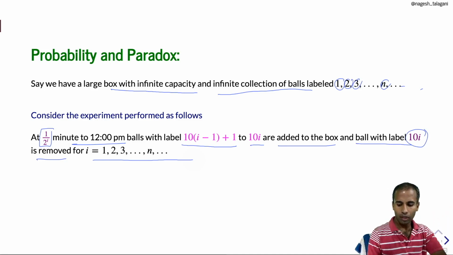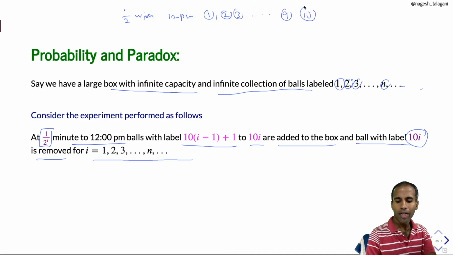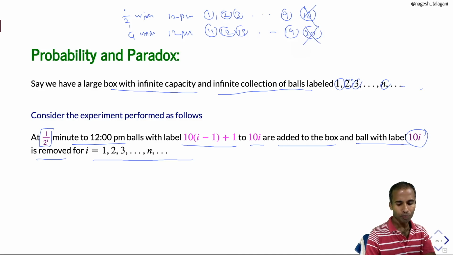Okay. Now let me explain here. At 1 by 2 minute to 12 pm, balls with labels 1, 2, 3, and so on, 9, 10 are added to the box and the ball with label 10 is removed. At 1 by 4 minute to 12 pm, balls with labels 11, 12, 13, and so on, 19, 20 are added to the box and 20 is removed.